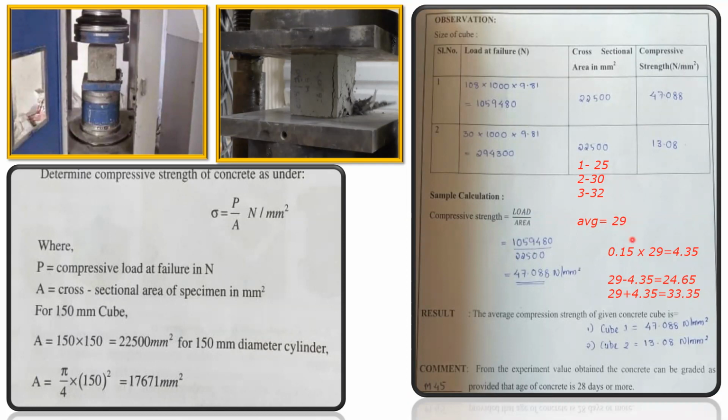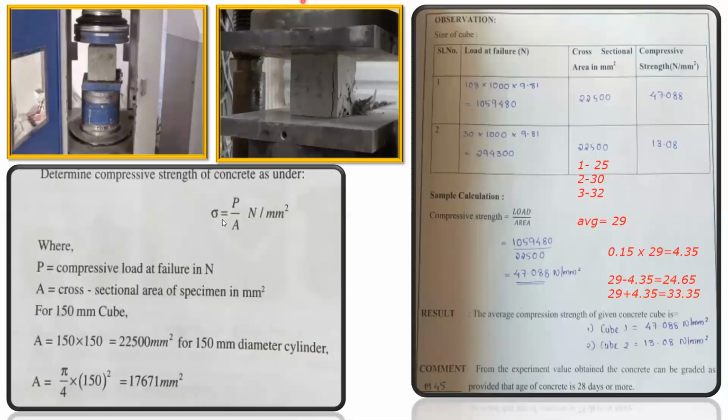Take 15% of this: 29 into 15% is 4.35. From the average, 29 minus 4.35 gives 24.65. On the other hand, 29 plus 4.35 gives 33.35. So this is the range for my values.